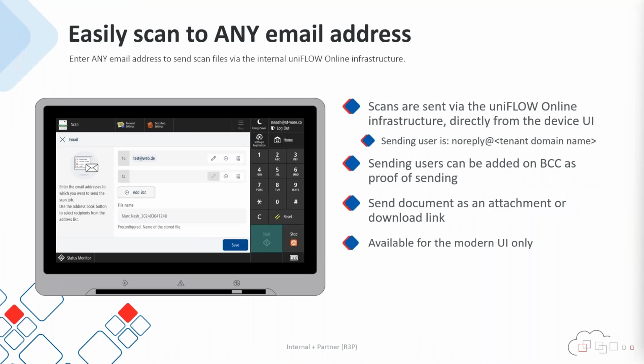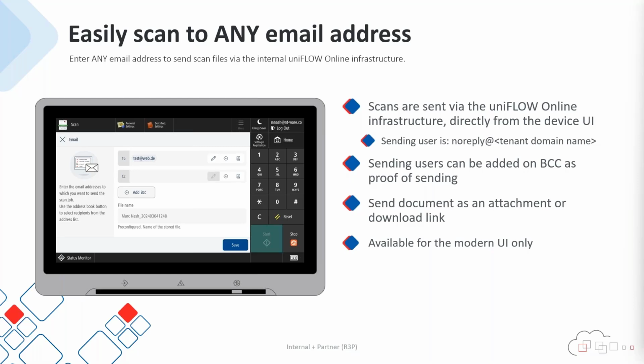So, the user can easily scan and send files to any email address by using the internal uniFLOW Online infrastructure, which allows scans to be sent directly from the device UI via uniFLOW Online. Okay, so it's a nice in-house, if you like, scanning environment.